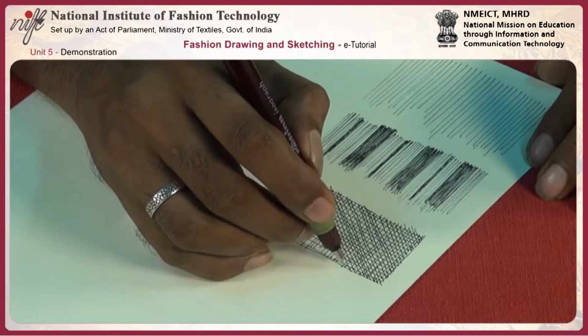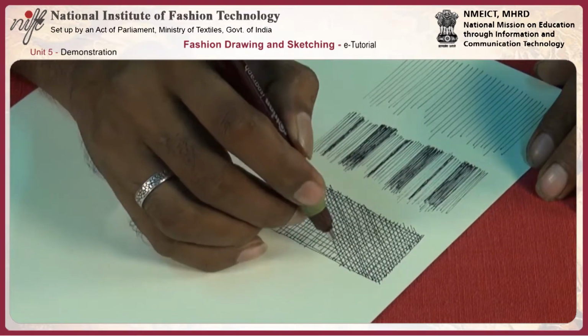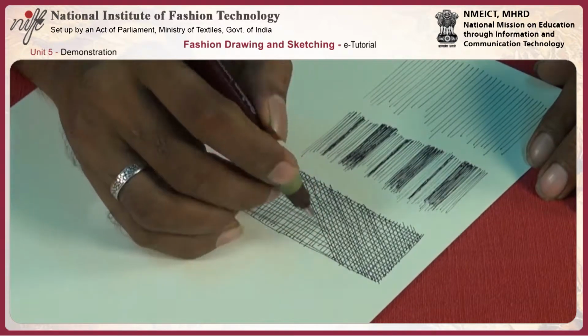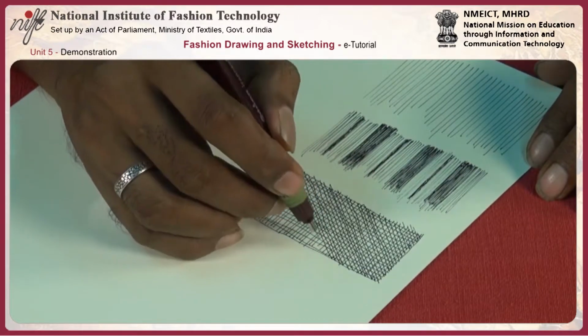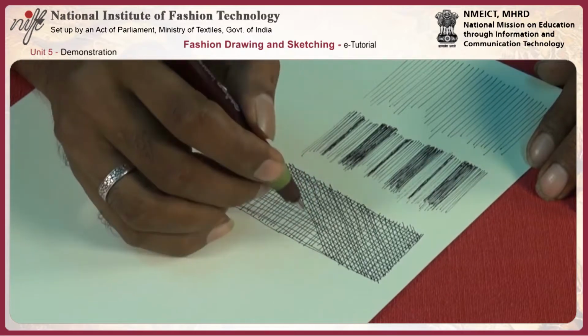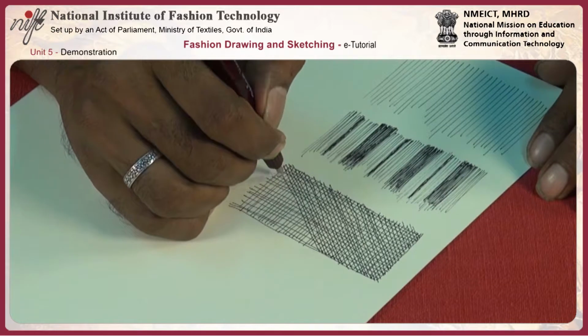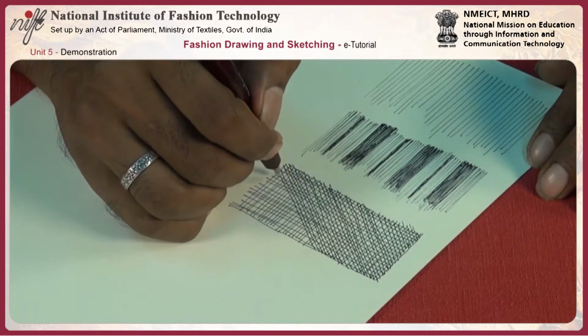After that, right now I am adding diagonal lines to create more darkness on the paper using my pen.